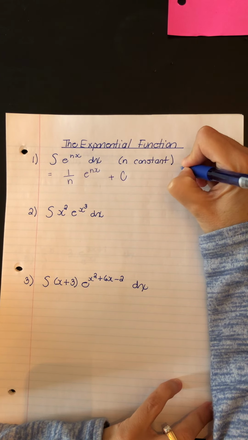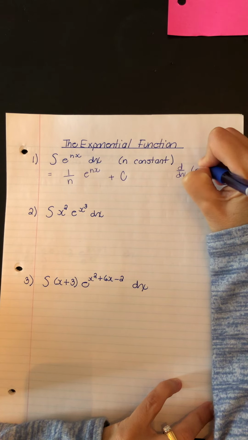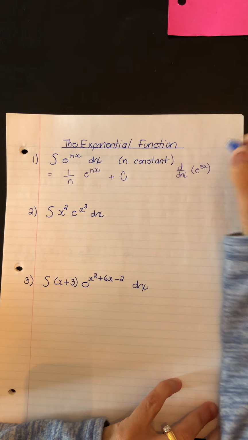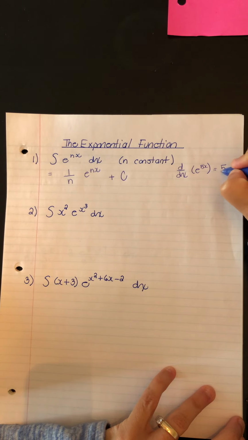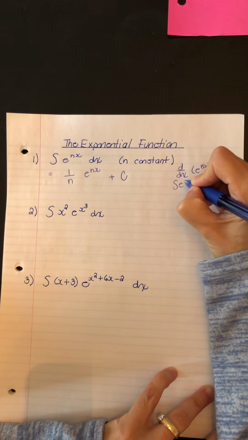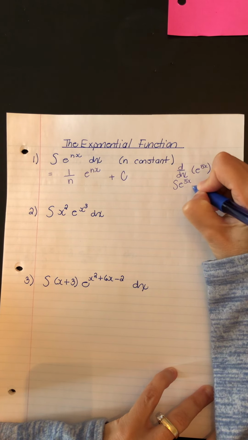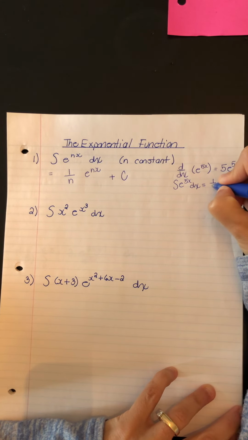So if you have e to the 5x and you take its derivative with respect to x, this is 5 times e to the 5x. While if you are integrating e to the 5x with respect to x, this is 1/5 e to the 5x plus c.